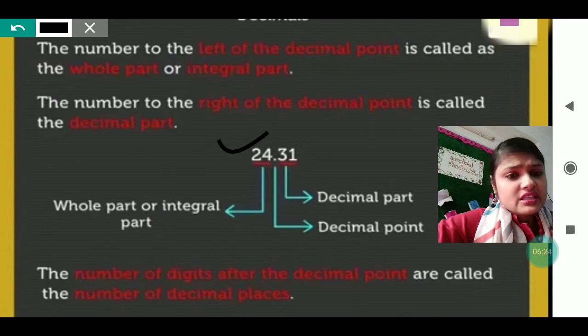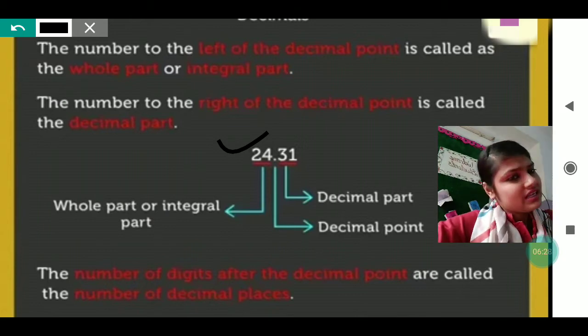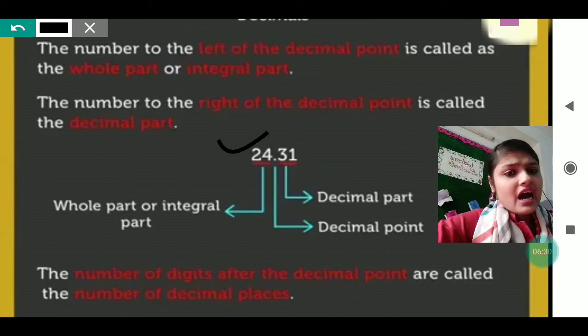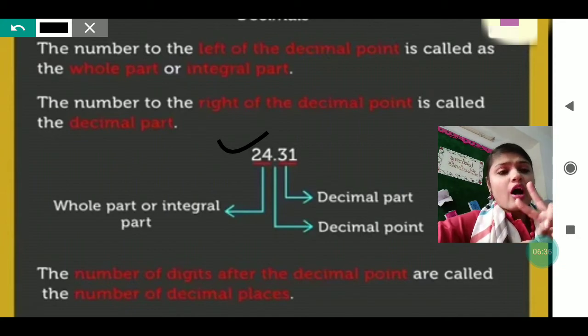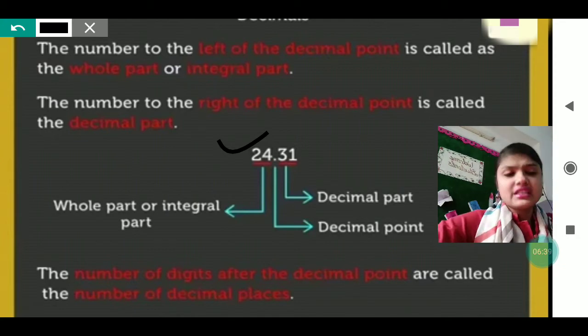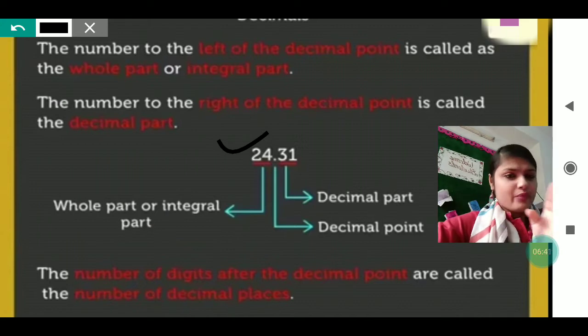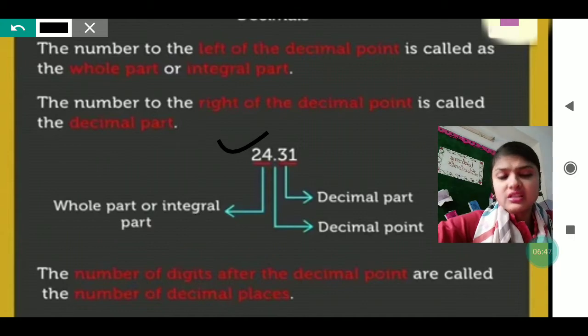The number of digits after the decimal point are called the number of decimal places. Means how many numbers are there after the decimal point, not before. And we are not talking about the integral part, or the whole number here. We are talking about the decimal part, which is after the decimal.